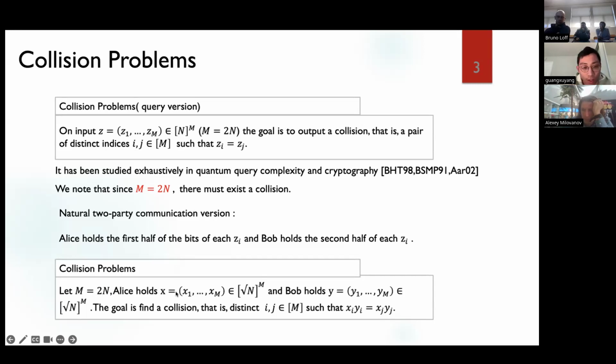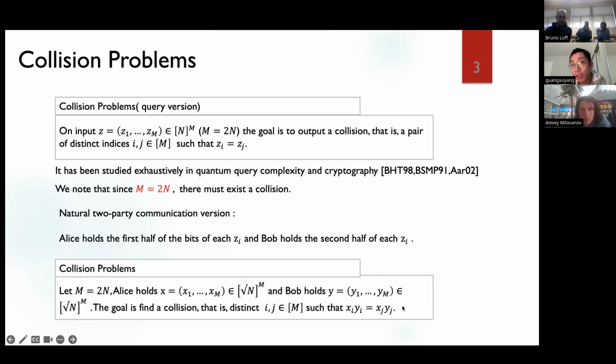Alice holds m inputs, and each element is from a set of size square root n. Bob also has m elements, each element from a set of size square root n. And the goal is to find a collision, that is, i and j such that xi yi equals xj yj. That means xi equals xj and yi equals yj.